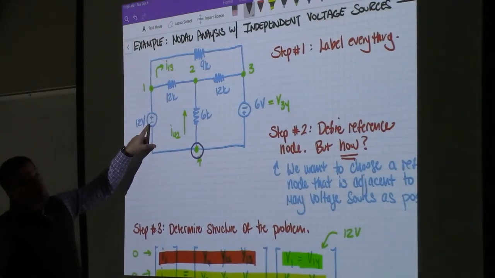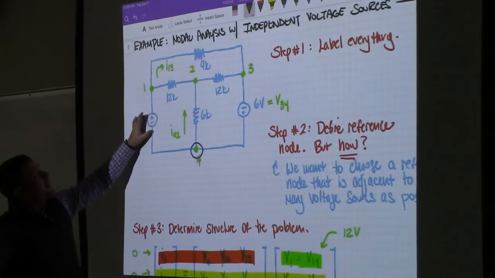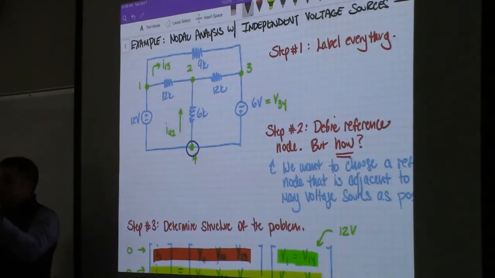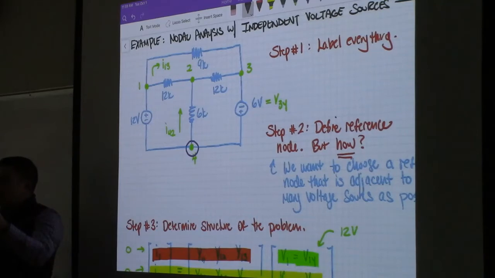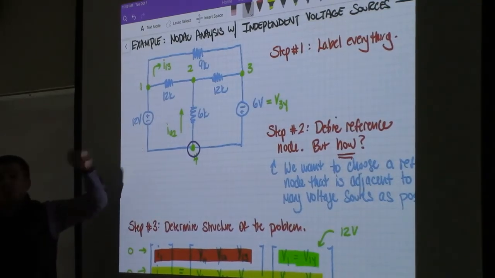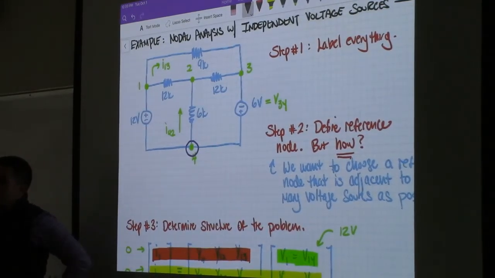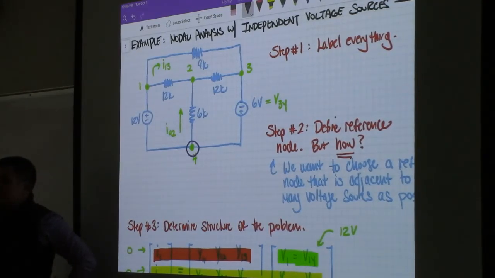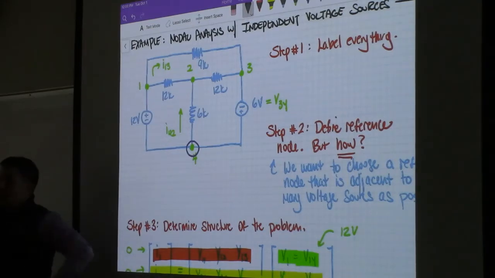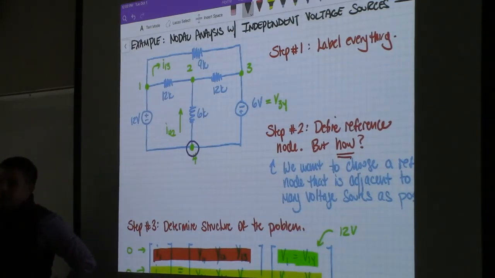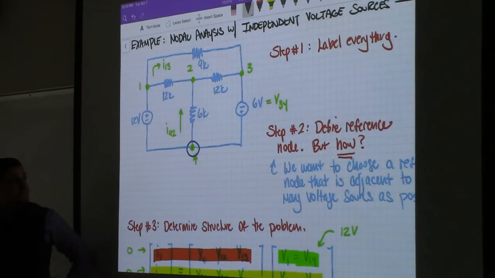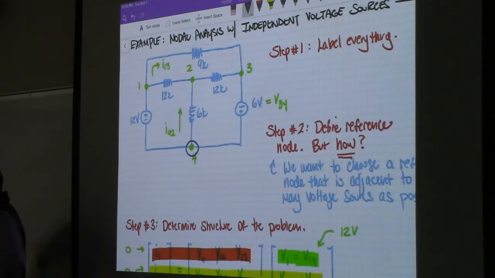So wherever we have a dependent source connected, instead of using KCL for that node, we're going to use whatever the expression is for the dependent voltage source. That'll give us the expression that we need in order to essentially get full rank for our matrix. Okay, so it'll be essentially a switch.